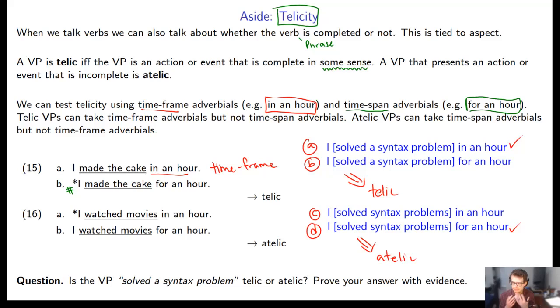That's sort of the meaning. It's an accomplishment. It's something that you've completed and that you can celebrate, while "solve syntax problems" is an activity. It's something that you can return to. This is discussed in terms of meanings for different types of telic and atelic events, and we could spend a lot of time going into many different aspects of this.